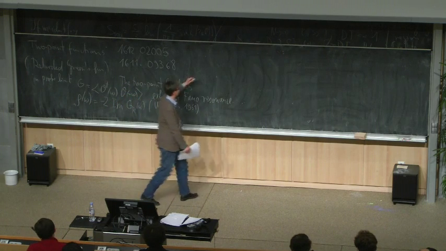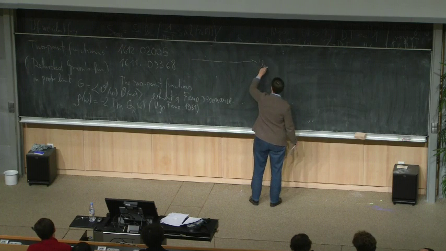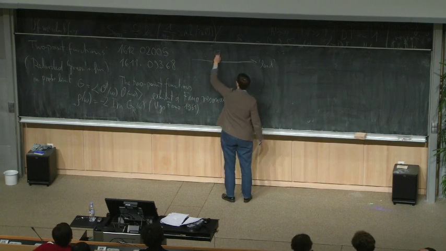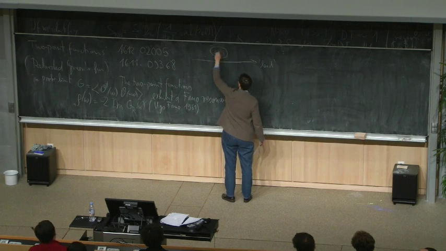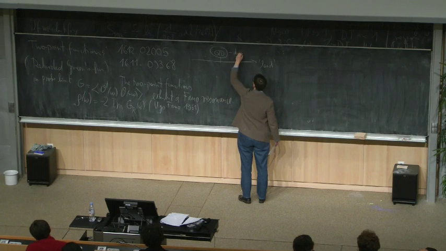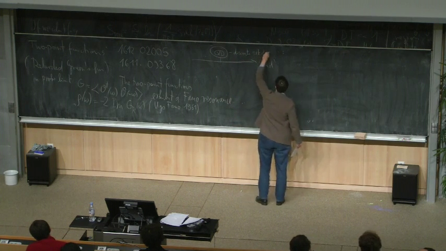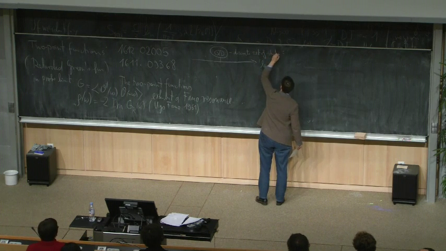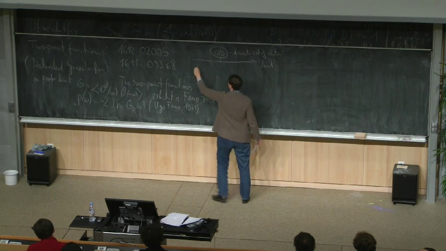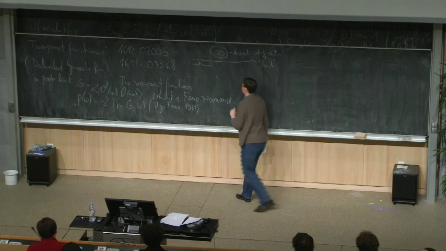So for this quantum dot, here you have your lead, where your electrons can go through, and then there's a quantum dot here. This has a discrete set of states, whereas here there's a continuum of states.